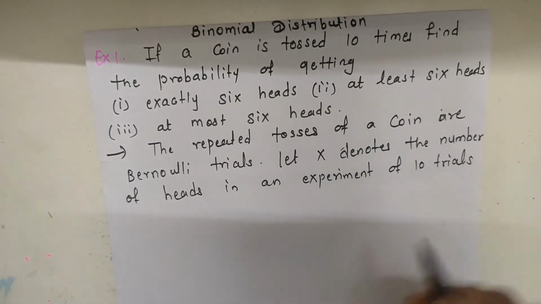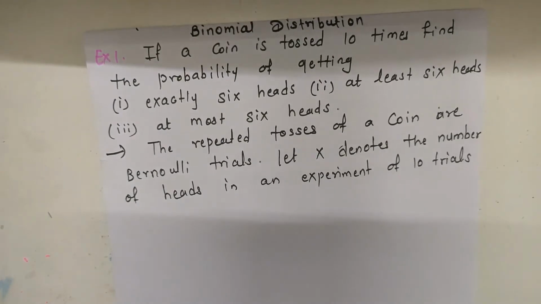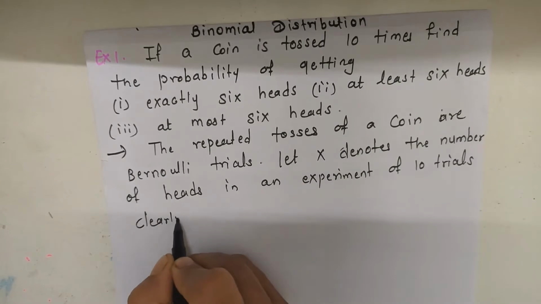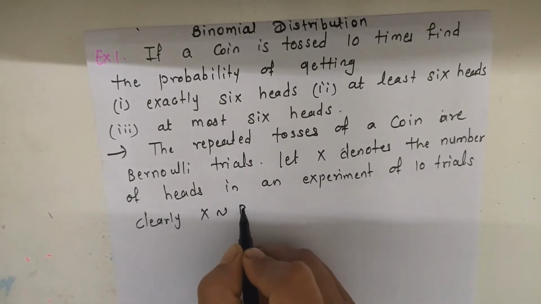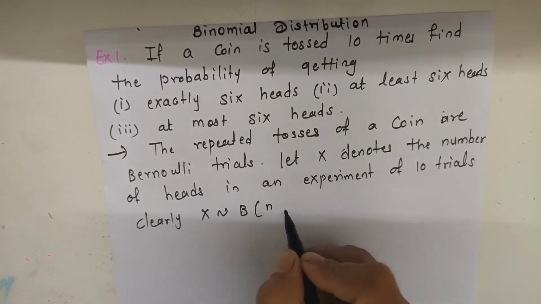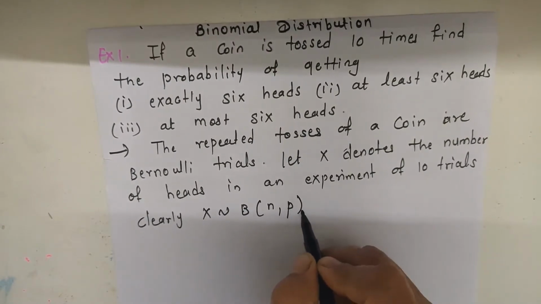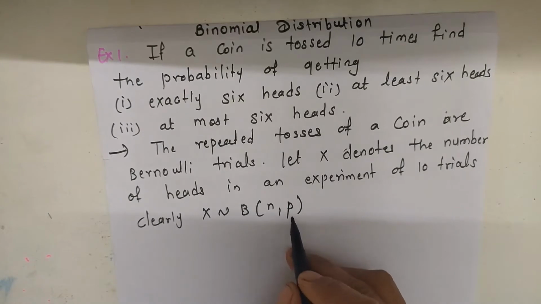So here n is equal to 10, and clearly x follows a binomial distribution with number of trials n and probability of success p.